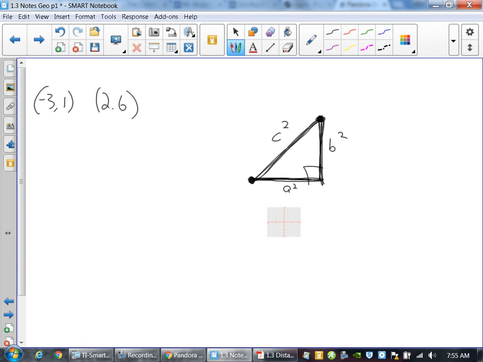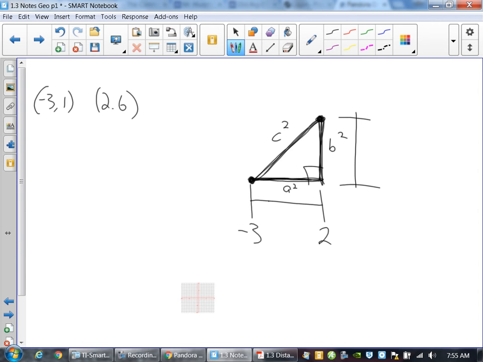What we need to do is figure out what the horizontal change is and what the vertical change is. When I'm going left to right, what values are those in a graph? The x's or the y's? The x's. So if this number starts at -3 and it goes to 2, how far apart are those?